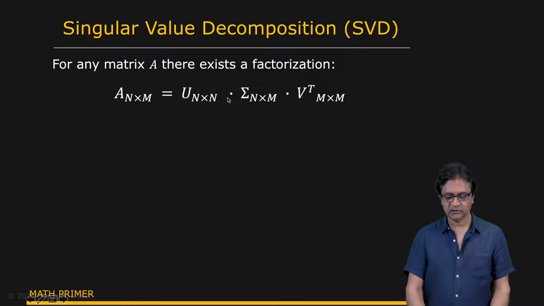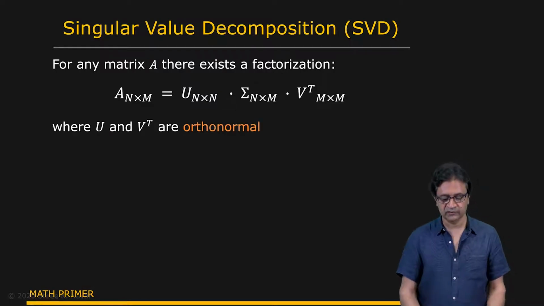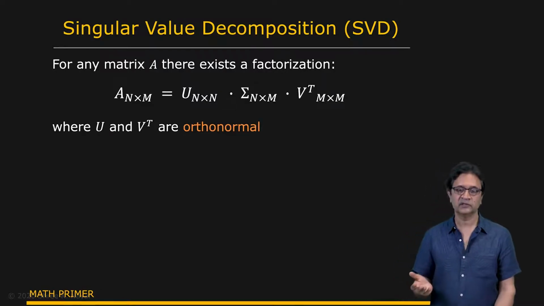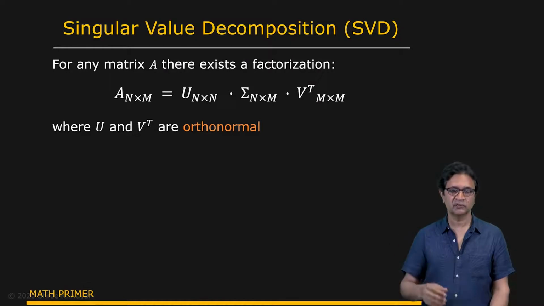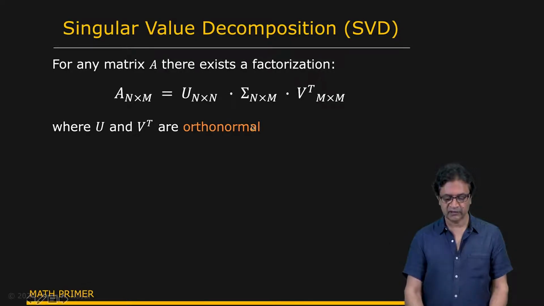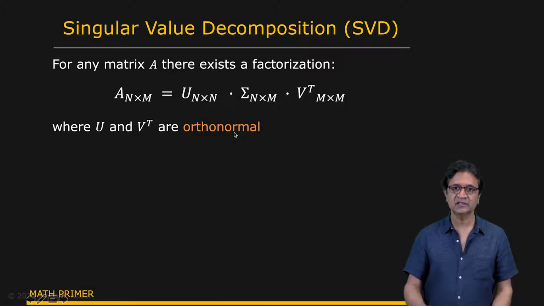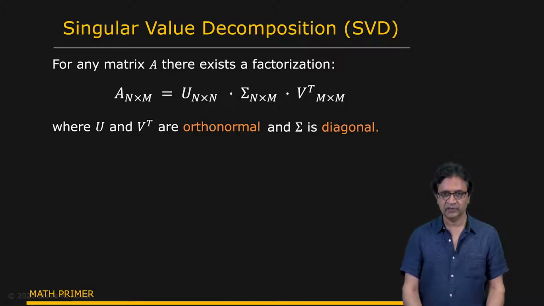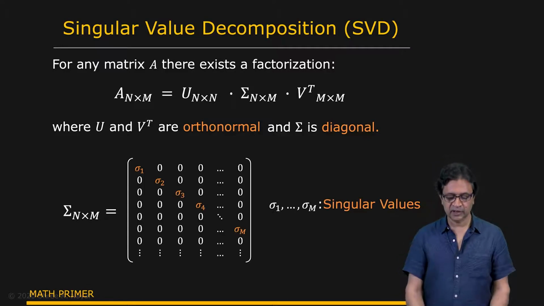They have special properties. U and V are orthonormal matrices, very much like rotation matrices we have talked about before. Orthonormal matrices, so that's special. In addition, sigma is a diagonal matrix, and its diagonal elements are called the singular values, and that's why we call it singular value decomposition.